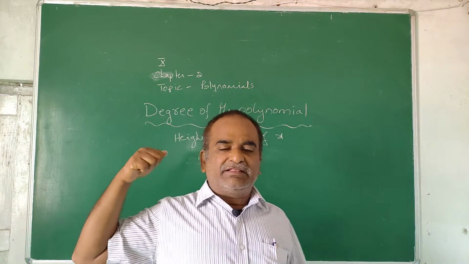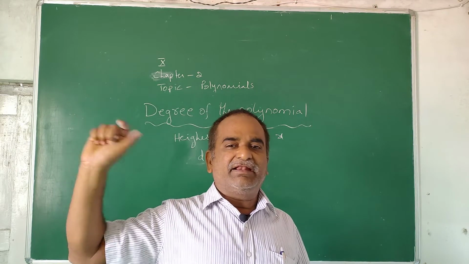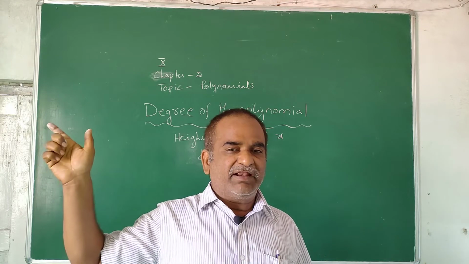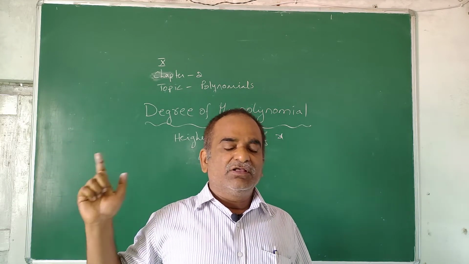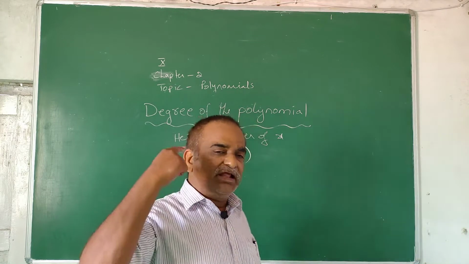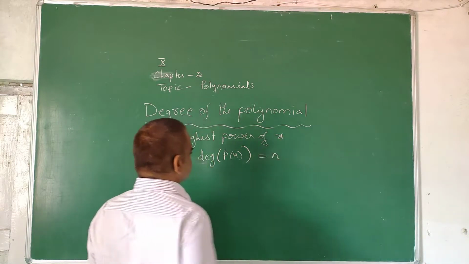So in the previous definition, whatever the polynomial which we have taken, a naught x power n plus a1 x power n minus 1 plus so on, there the highest power which is appearing is n. So in that context, degree of p of x is n.